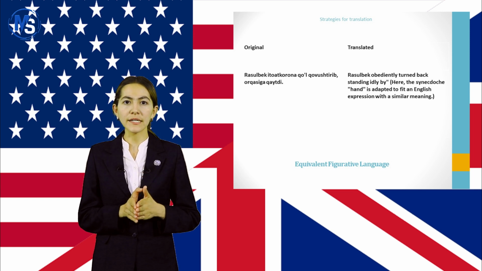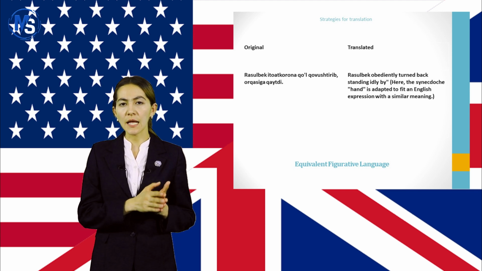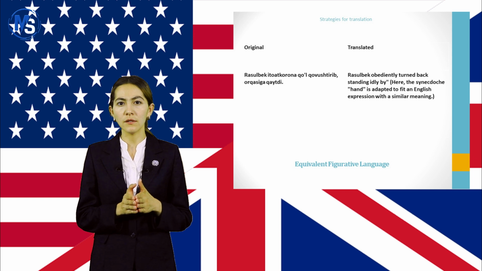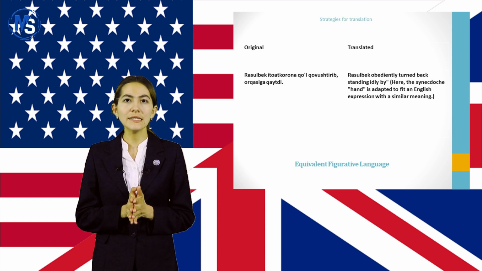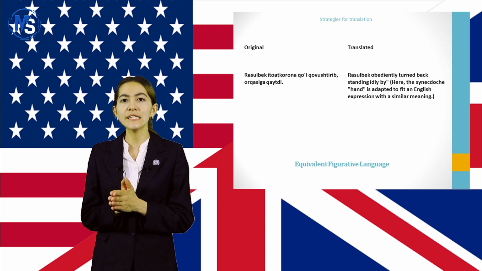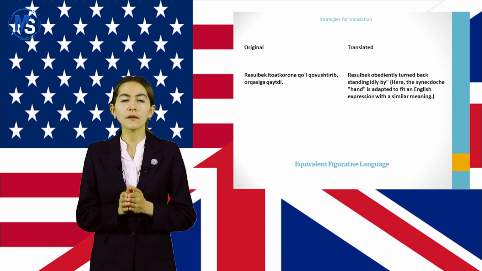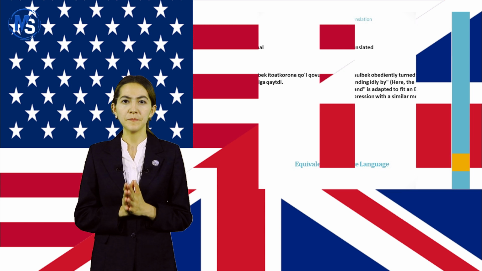But in our expression, it is different. The possible translation will be: Rasulbek obediently turned back, standing idle by. In this expression, standing idle by has a similar meaning to qo'l qovushtirmoq.